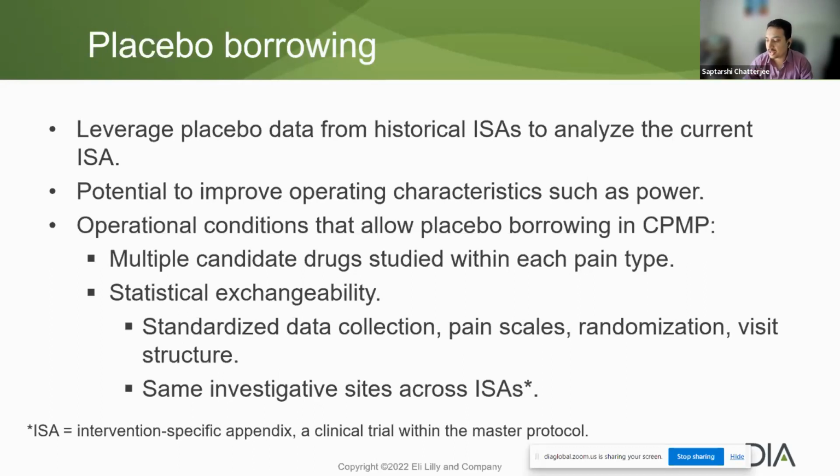So these all set the path to do borrowing, and we also have the same investigative size across analysis. Because of these similarities and advantages, the statistical exchangeability is in place, which probably improves our confidence in the statistical borrowing.